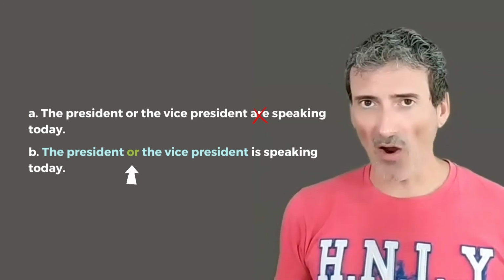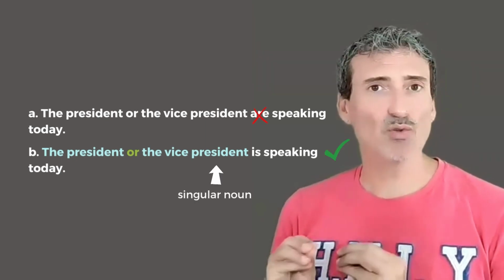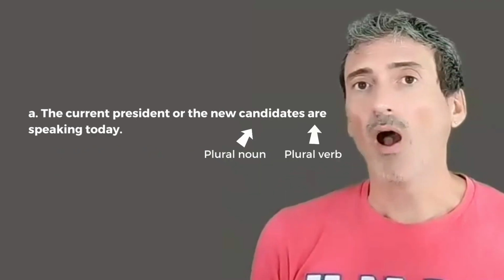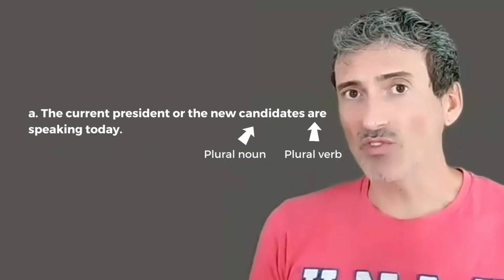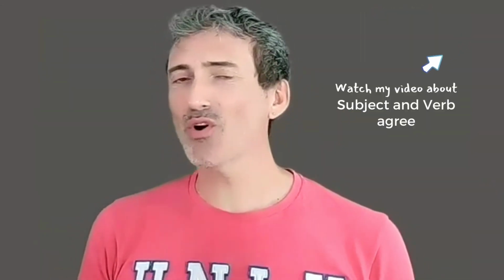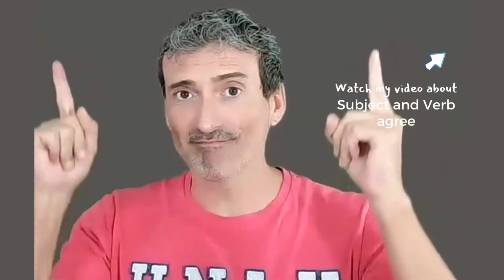Therefore, the rules are different. And what are the rules? The noun next to the verb is singular, so the verb should be singular. Contrary to that, if the noun next to the verb is plural, the verb needs to be plural. If you want more information on that, you just need to watch my video about subject and verb agreement.